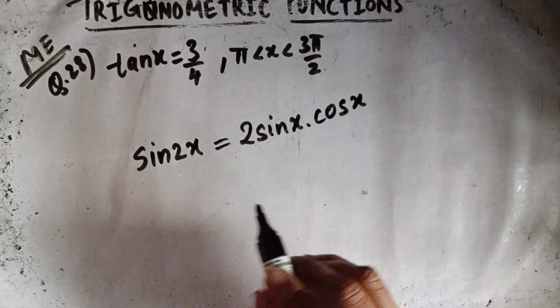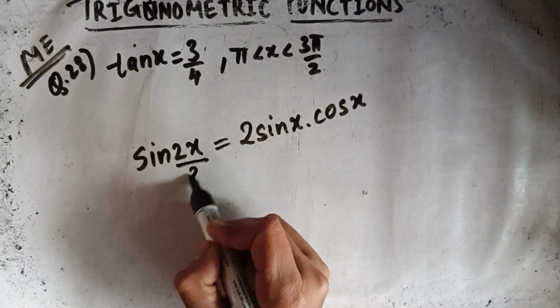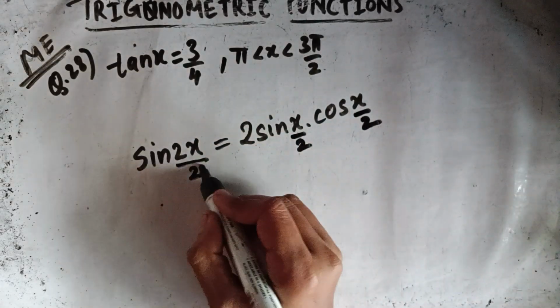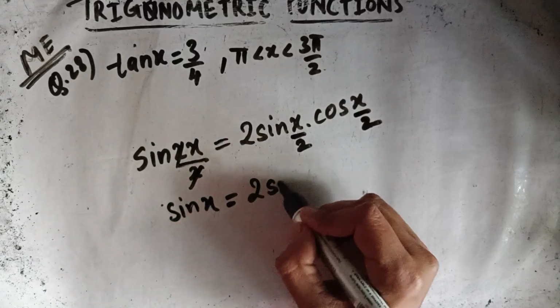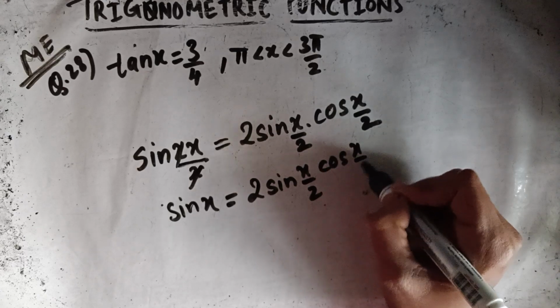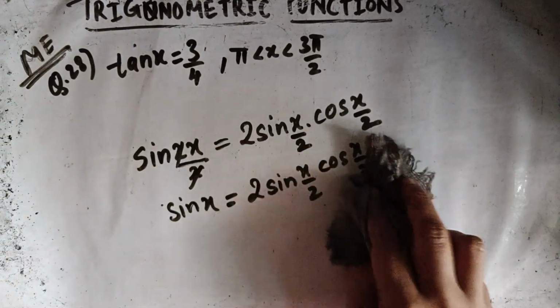We can define this for the half angle, that is, you have to make the angle half, so every angle becomes half. So this becomes sin x equals 2 sin x by 2 cos x by 2. So we are going to use these identities for half angles to solve this.